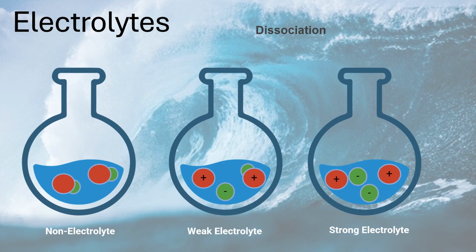This is what you see in the flask on the right in this picture. The cations and anions are fully separated because sodium chloride is a very strong electrolyte. There are also weak electrolytes, and I'll let you figure out the beaker in the middle. But with weak electrolytes, as you can see in the picture, it doesn't dissociate completely in your blood.